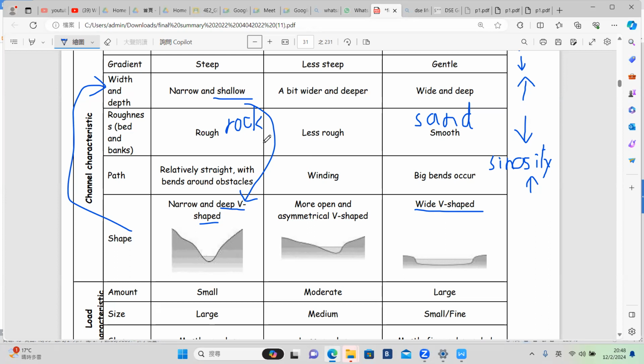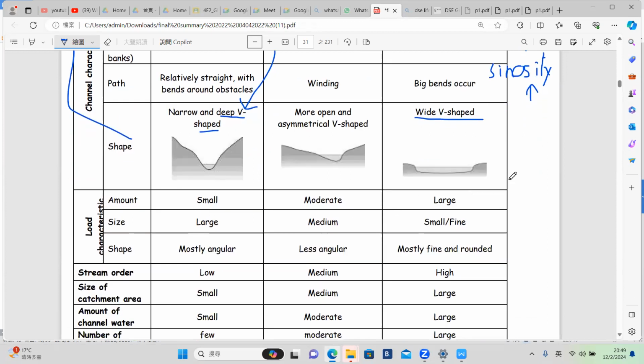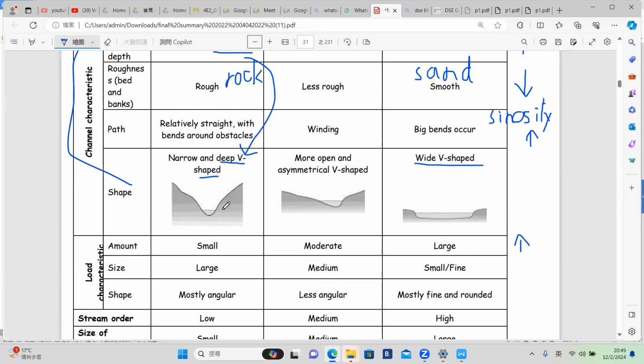Okay, if we compare the proportion with the discharge, the load is increasing in amount. At the very beginning, the amount is small.